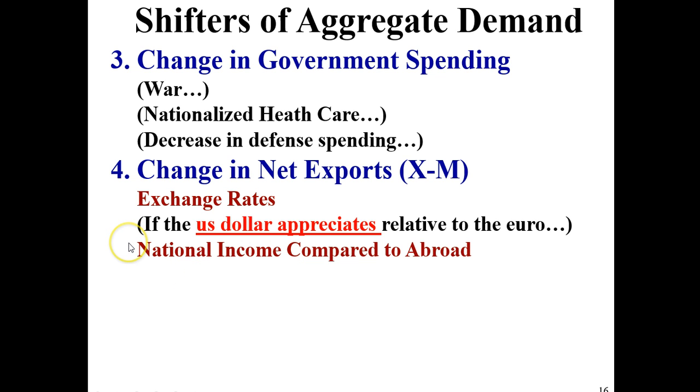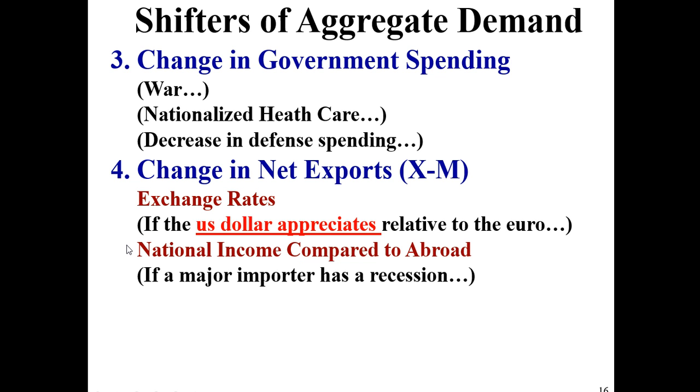Another thing that will affect our change in net exports is our national income compared to income in other countries. So if a major importer, somebody that we export to, has a recession, then that's going to be bad for our exports because there's somebody that buys a lot of our goods. Well, they're having a recession.